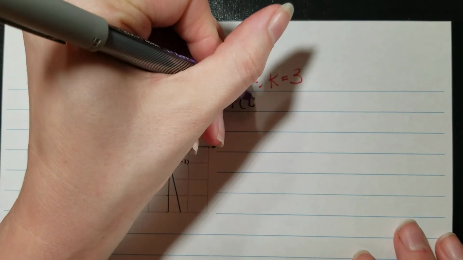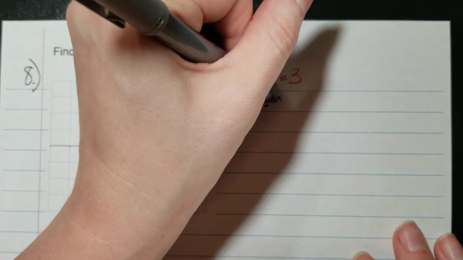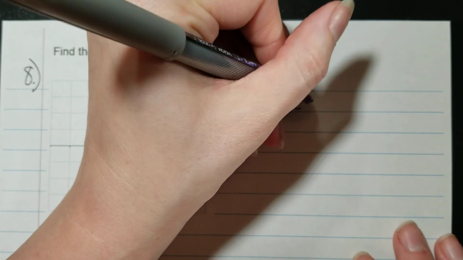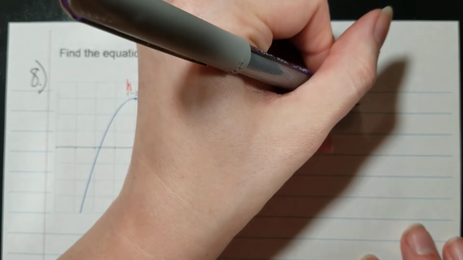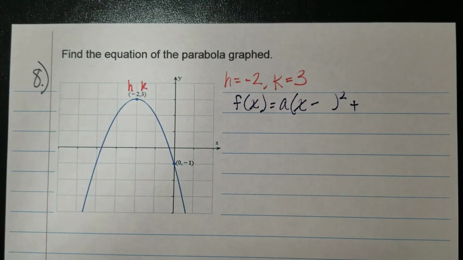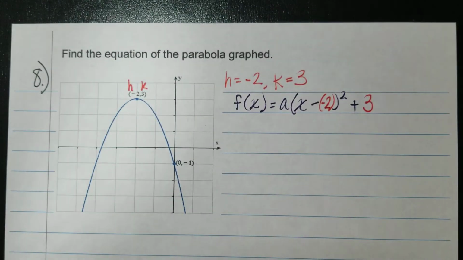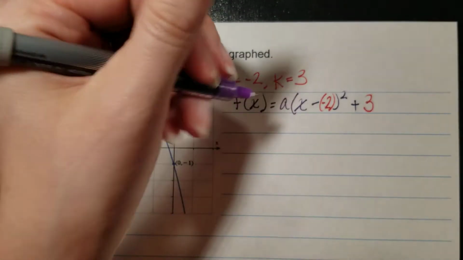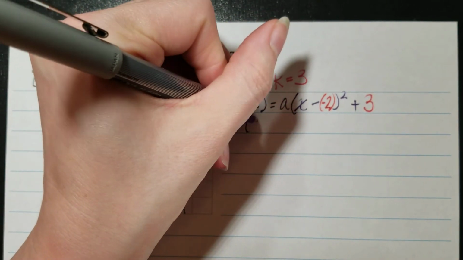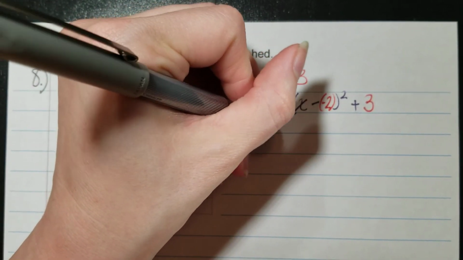So f of x equals a times x minus -2 squared plus 3. I'm just going to change that minus a negative to a plus.